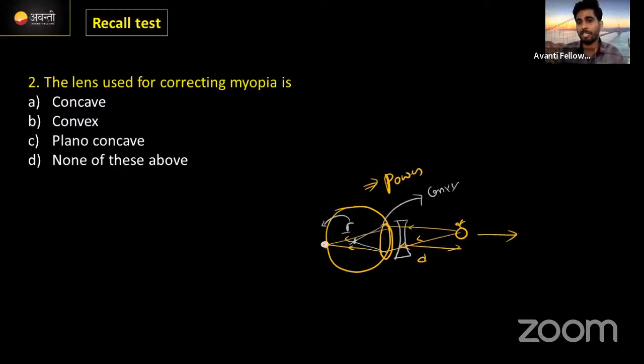Now we need to introduce a concave lens here. When you introduce the concave lens, the light rays first diverge to both sides, and then are converged at this point. Which kind of lens do you need to use here? Yes, concave lens. Cool. Hope it is understood.